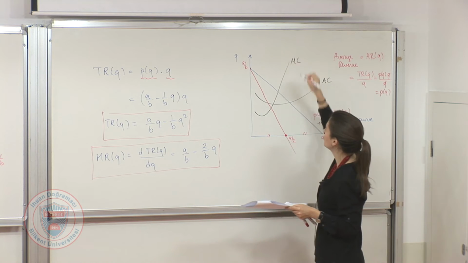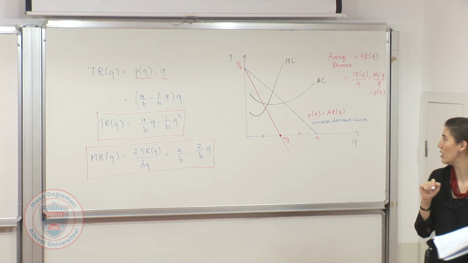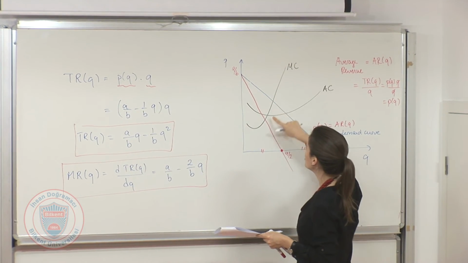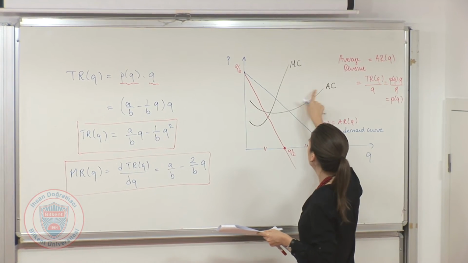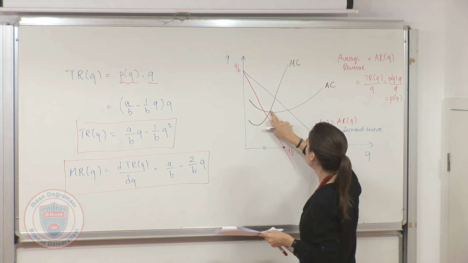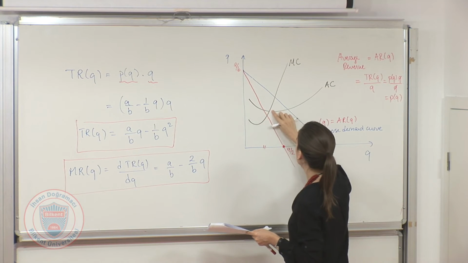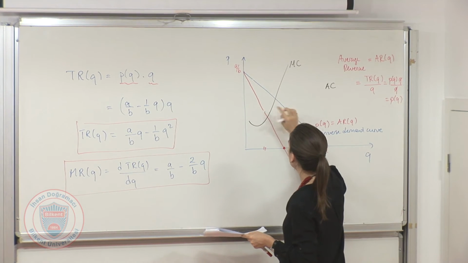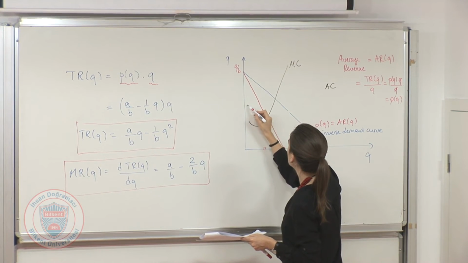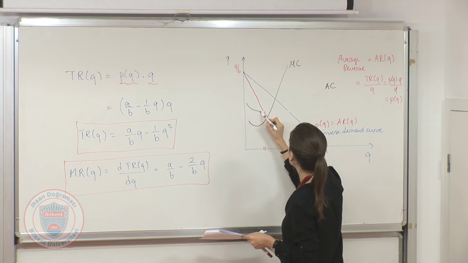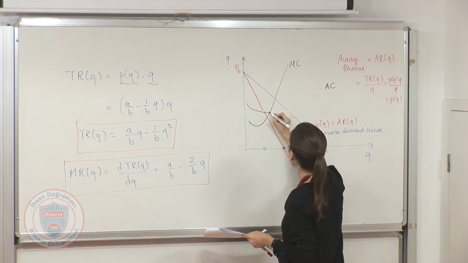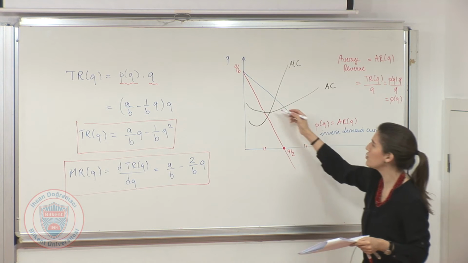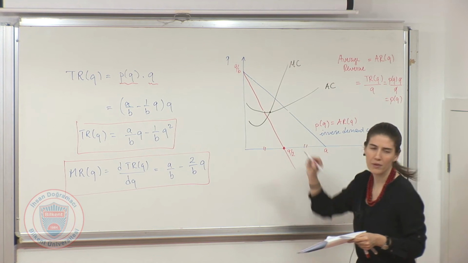I know that marginal cost should go through the minimum of the average cost, so let me draw that accordingly. So this is the marginal cost, something like this. I made sure that it goes through the minimum.